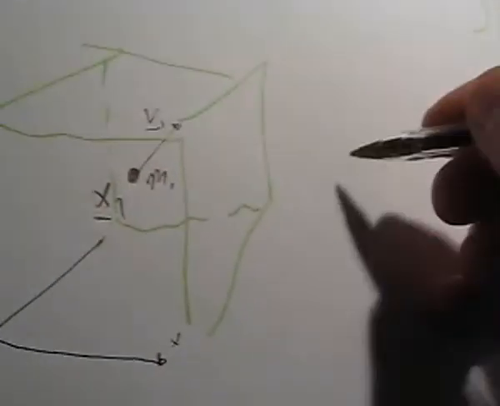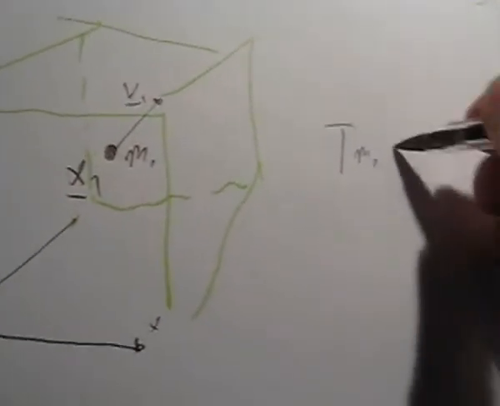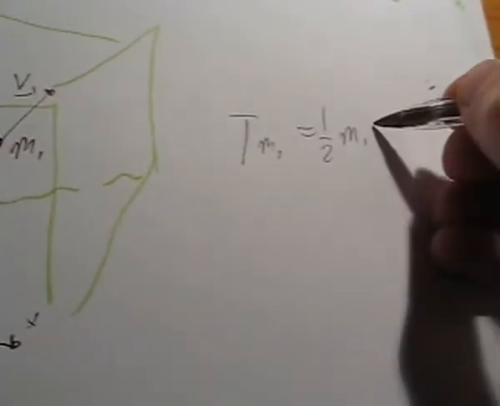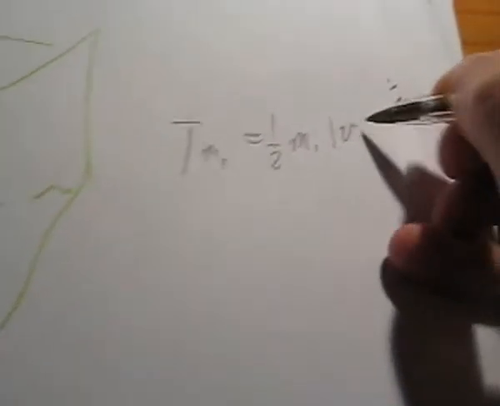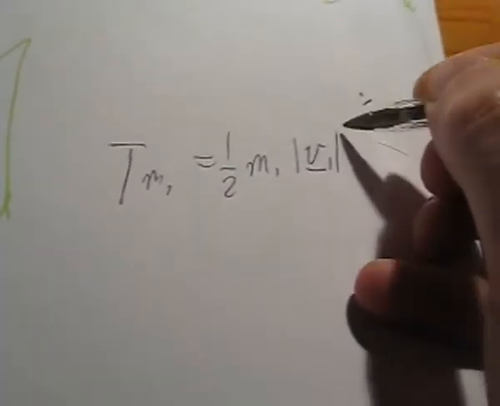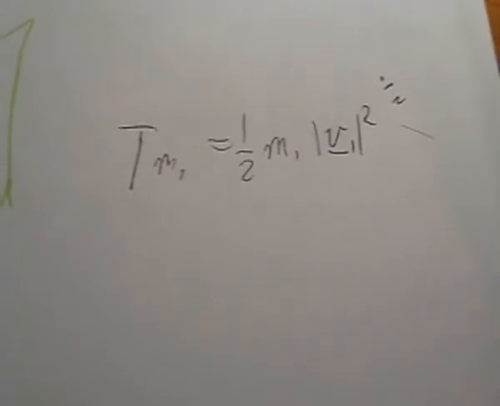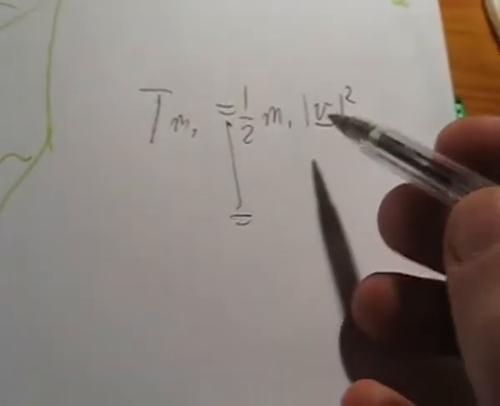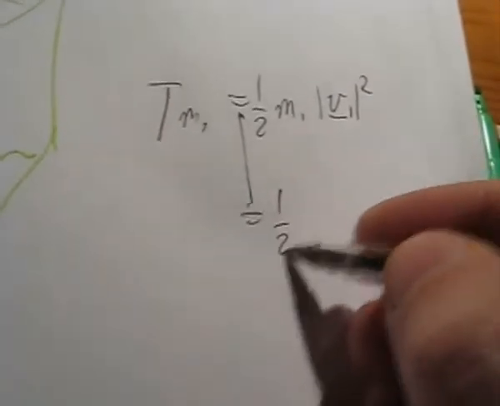The kinetic energy of the m1 point is 1/2 multiplied by the mass multiplied by the intensity of the velocity vector squared. You can write it this way, or considering that this is actually a scalar product, write it this way.